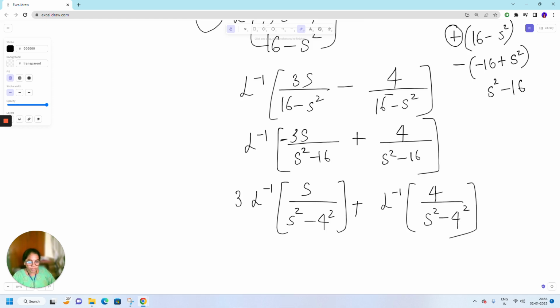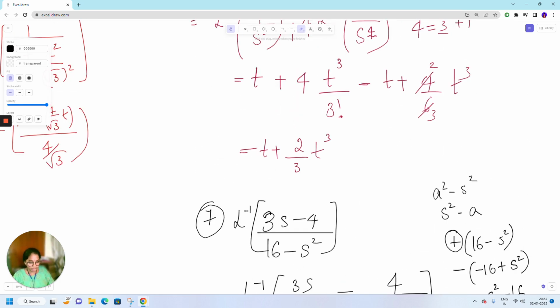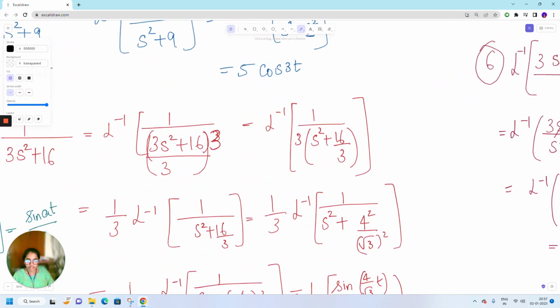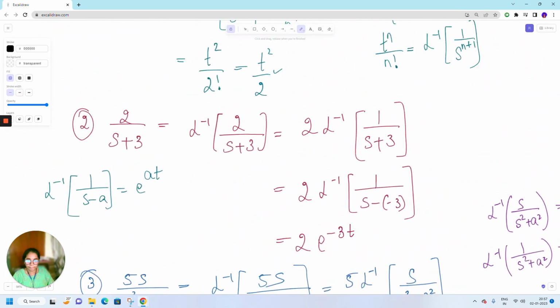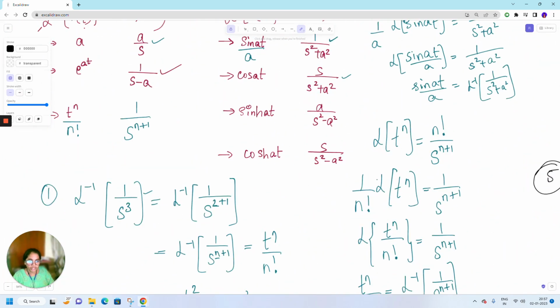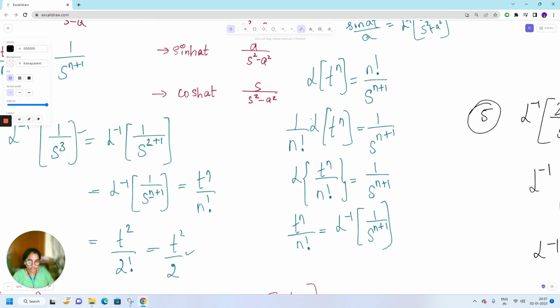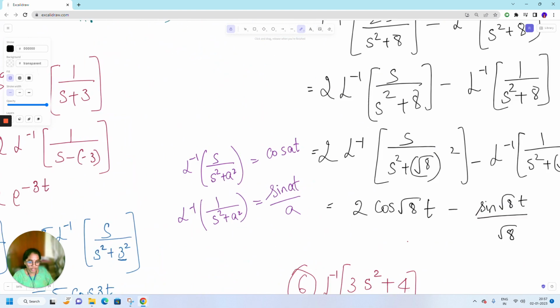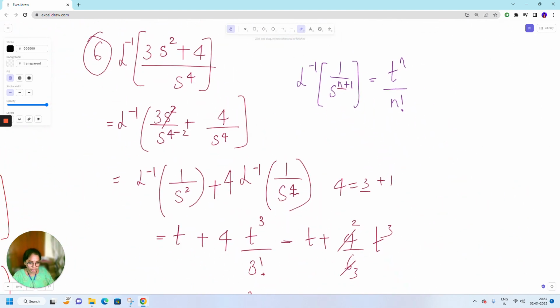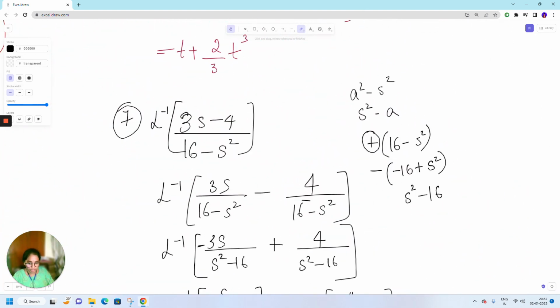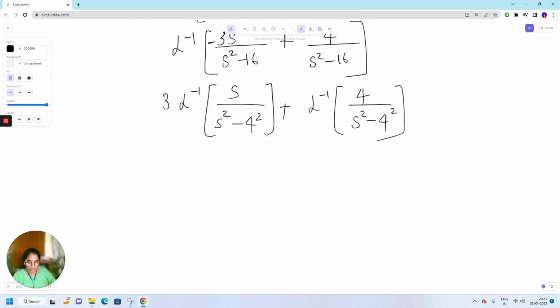What is Laplace inverse of s divided by s square minus 4 square? Let me get back to the formula list. Laplace inverse of s divided by s square minus a square is cos hyperbolic.